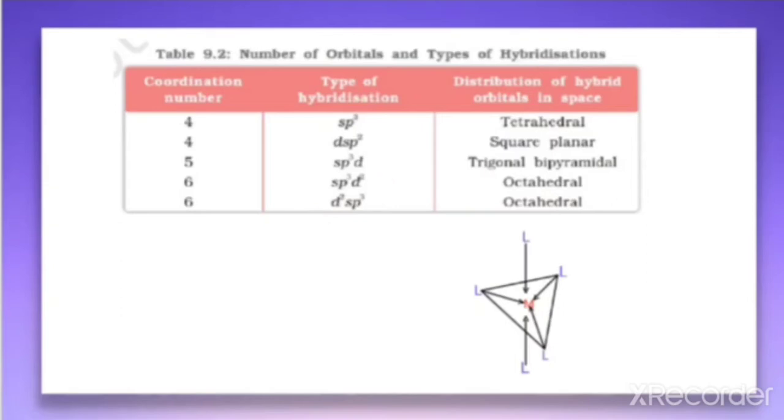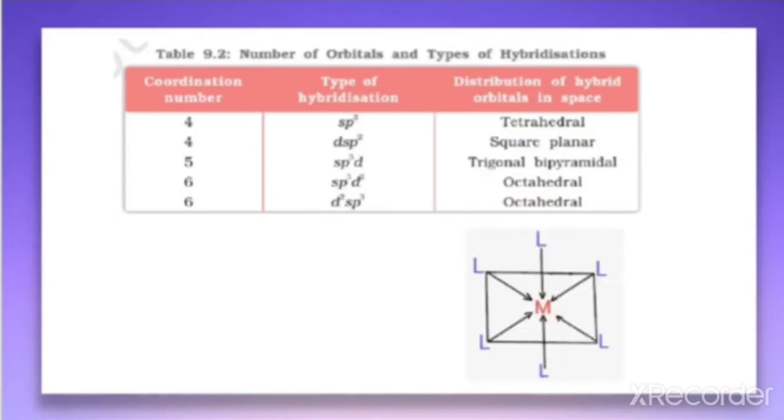But the geometry formed is the same for both, that is octahedral geometry, where M is the central metal ion and the ligands take positions like this. So this is the geometry and the hybridization. Once you learn this table, it will be very easy to predict the geometry and the hybridization depending upon the coordination number.